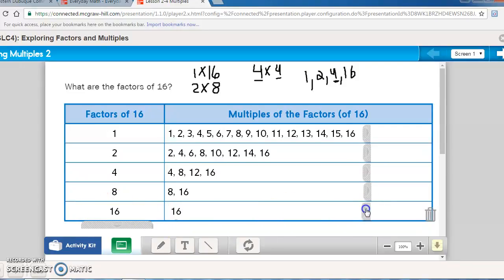And 16 becomes 16 through multiplication. So again, my numbers are 1, 2, 4, and look up here. I missed this even though I had it written right there. So we always have to make sure we're double checking our work. So I need to sneak 8 in here before the number 16.